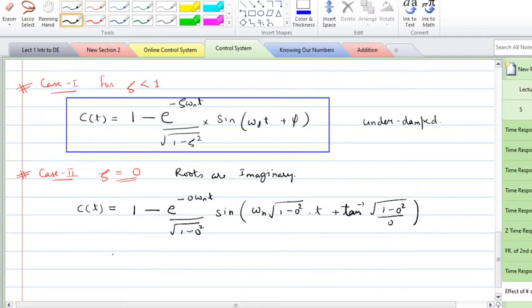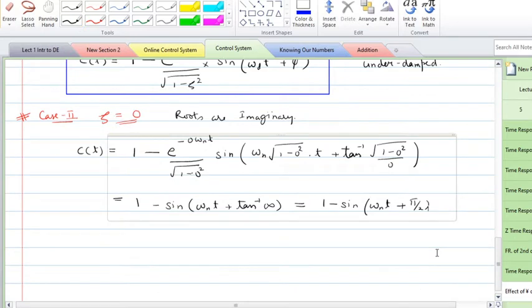Okay, so we will get the final result as 1 minus sine of omega n t plus tangent inverse infinity, and this results in 1 minus sine of omega n t plus pi by 2.